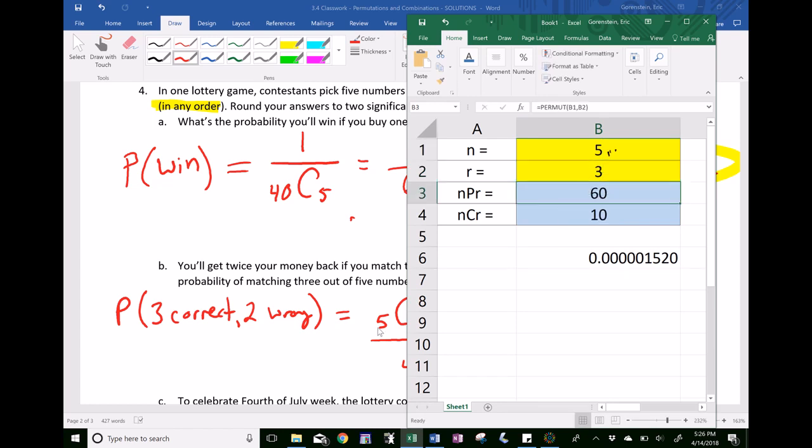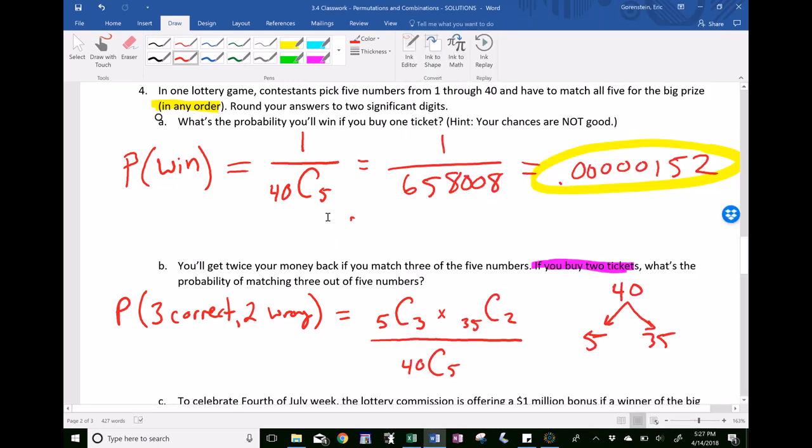That's 10, and we need 35 combination 2, which is 595. Okay, so we're at, let's change it up here, 10 times 595 over the 658,008.